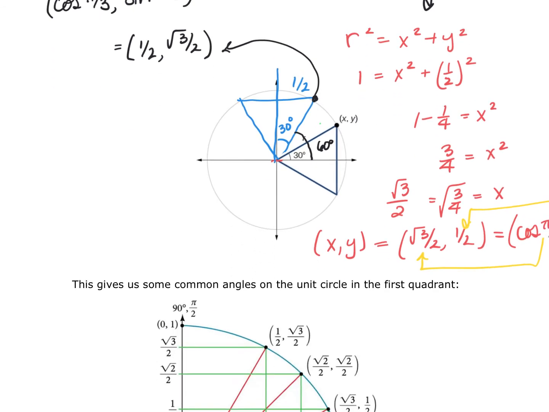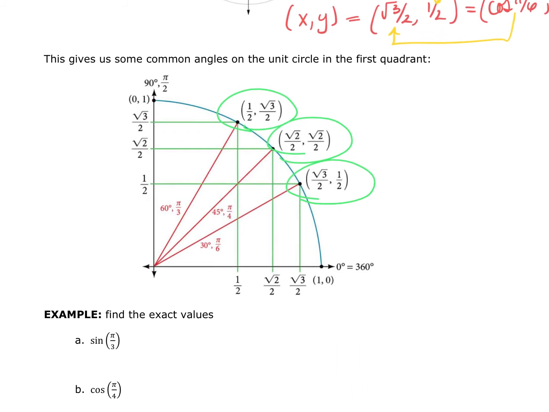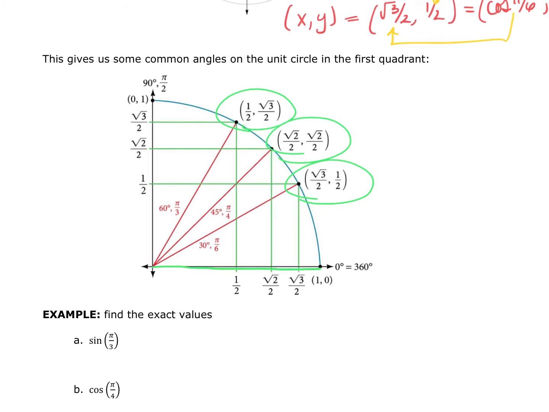Now, we now have all of the angles that are in the first quadrant, give or take. We haven't talked about the quadrantal angles, so let's go ahead and talk about them. If I'm sitting at a radius of 1 on the x-axis, that means I must be at 1, 0.